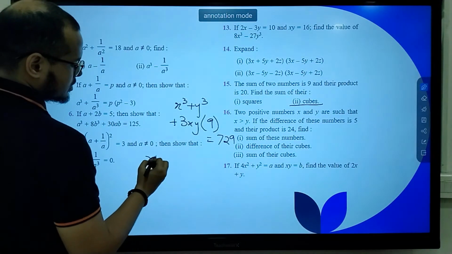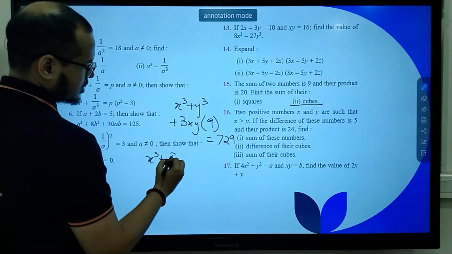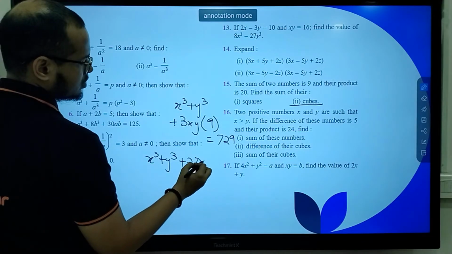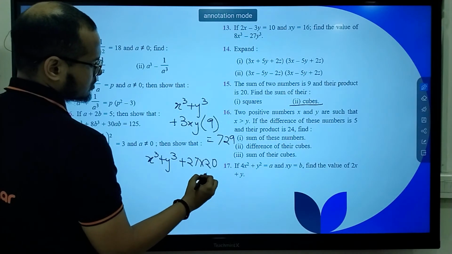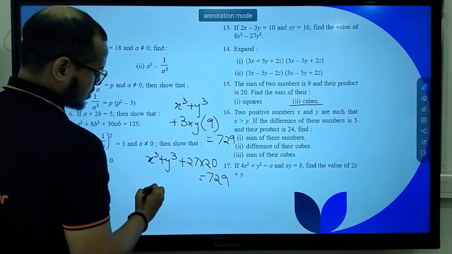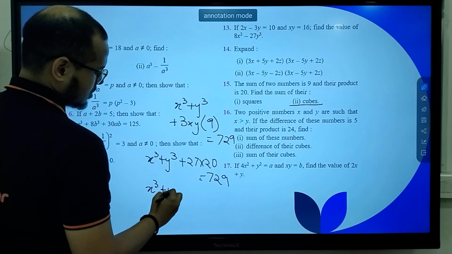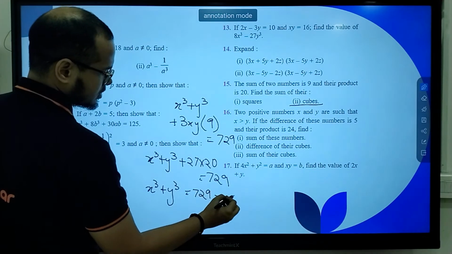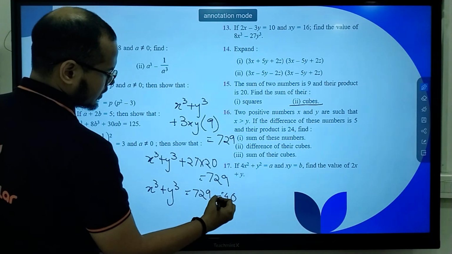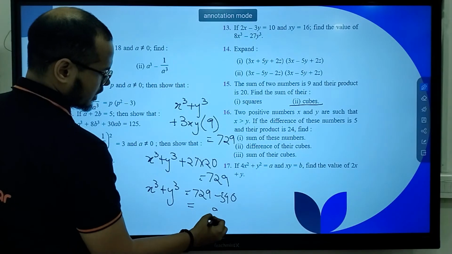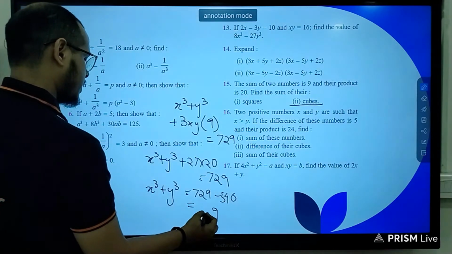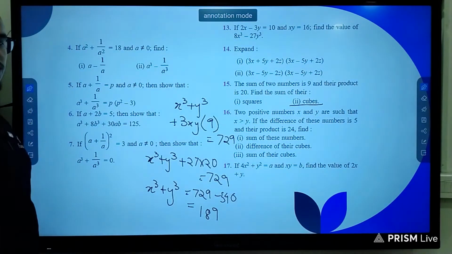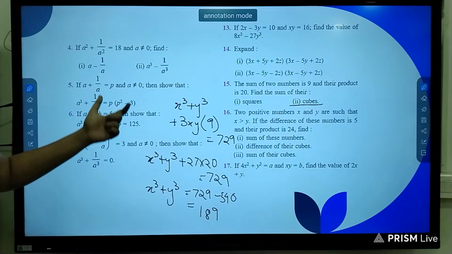Okay, so x cube plus y cube plus 27 into 20 is equal to 729. So x cube plus y cube is equal to 729 minus 540, which is 189. Okay, so we have solved 15, 16 and 17.